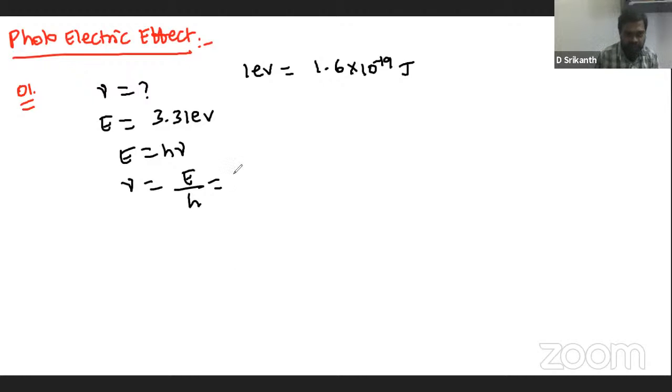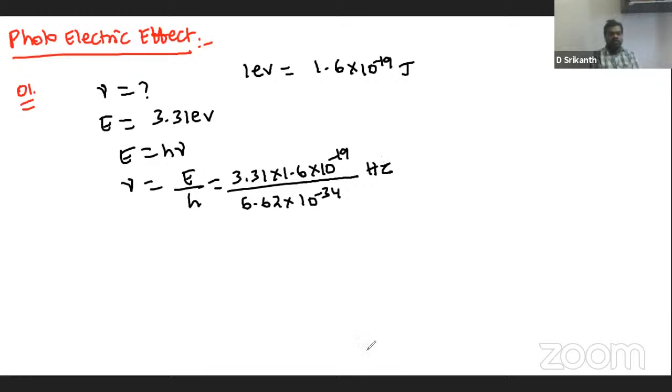So 3.31 into 1.6 into 10 power minus 19 by h, which they gave as 6.62 into 10 power minus 34 Hz. Correspondingly, you can get the value. You can do the calculation later. Write down the hint and leave some gap for calculation.